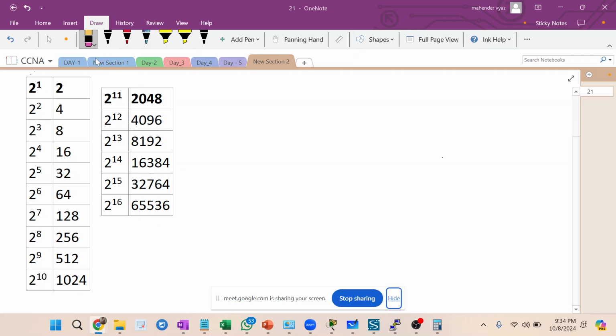Okay, our requirement is 3000 now, correct? And the address again I am taking is 172.16.0.0. This is the default network mask for class B, right?